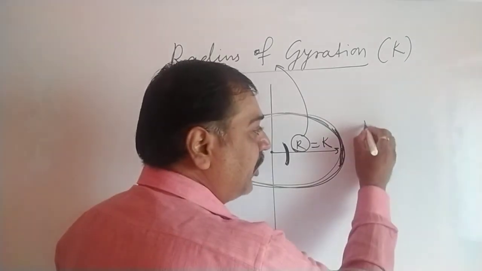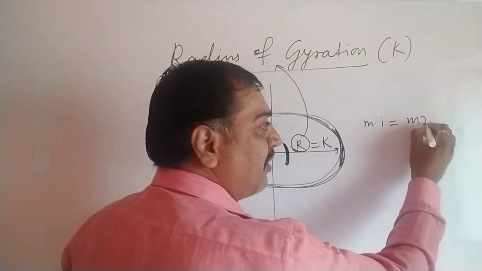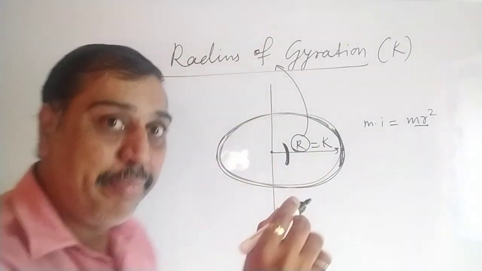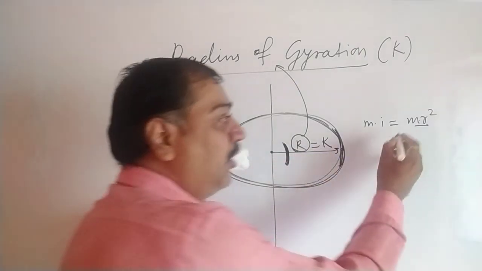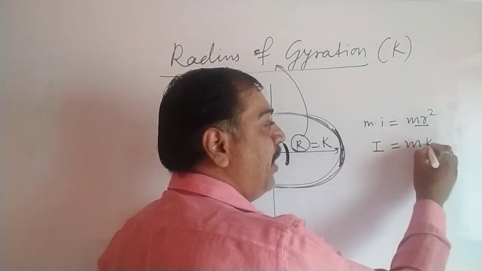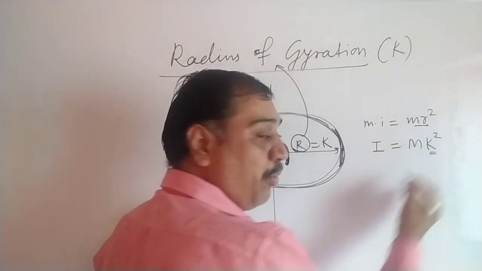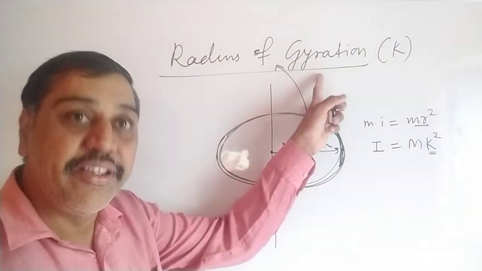Apart from this, let's go to moment of inertia now. We know moment of inertia can be represented by mr square, mass into r square. That r is basically the perpendicular distance. Here, r equal to k, so you can write moment of inertia I equal to m k square, where m is the mass and k is the perpendicular distance, said to be the radius of gyration.